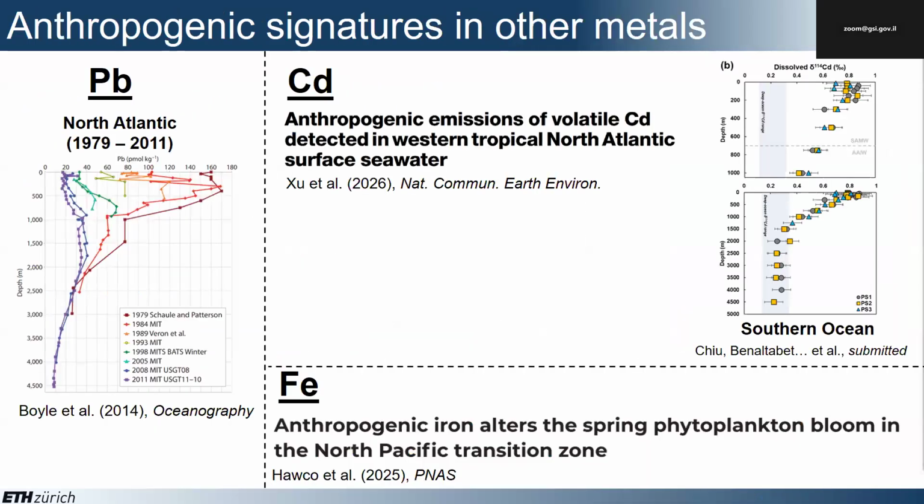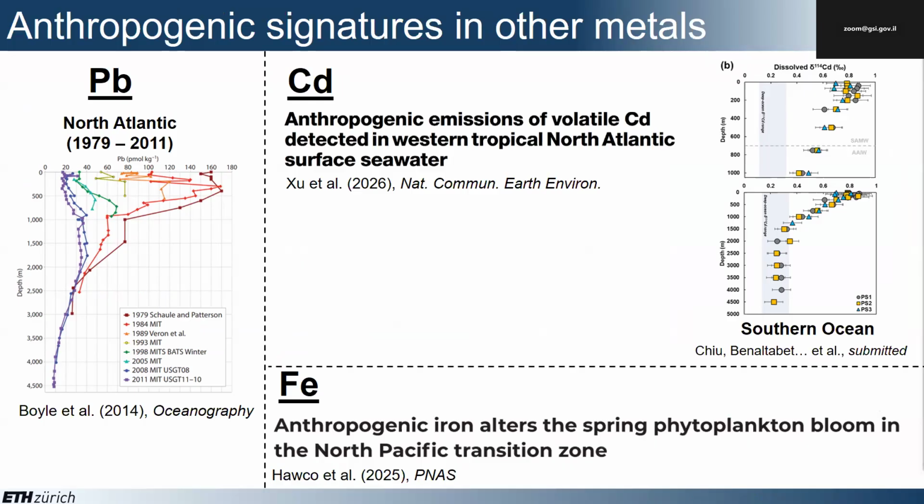And this observation is accompanied by recent observations on other metals that are also affected by anthropogenic inputs. So we have the case of lead, which is very well known. Lead was heavily used as a gas additive up until the late 70s, but was still used in other countries until the early 2000s.